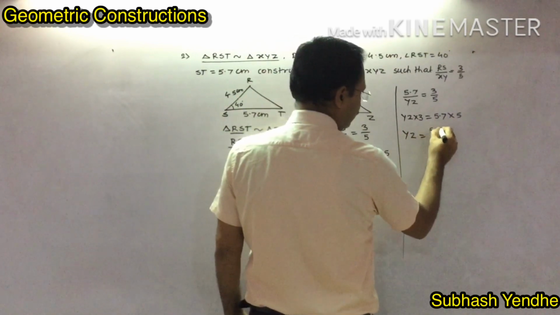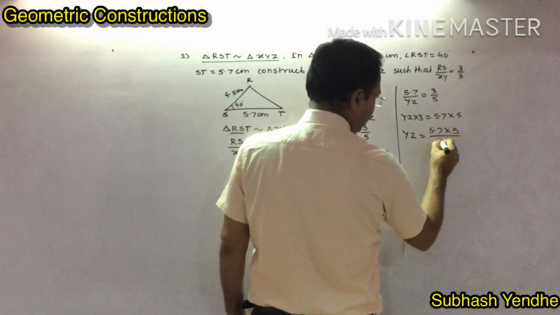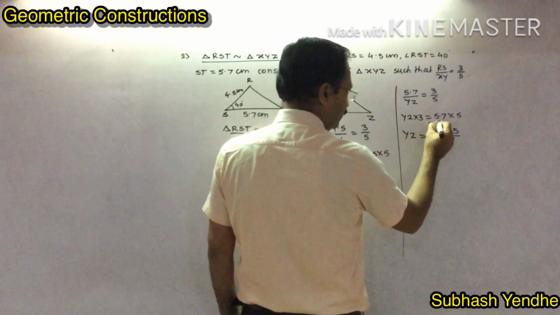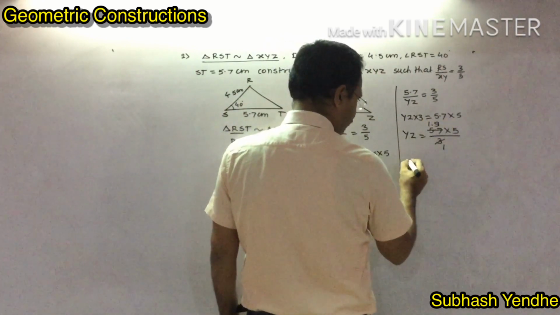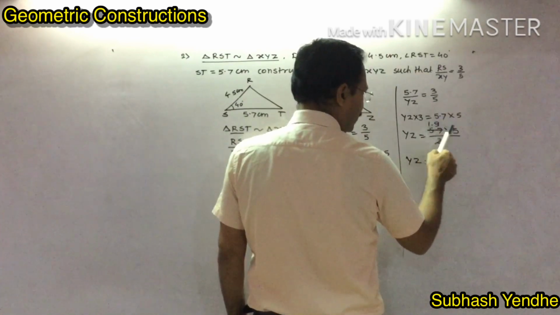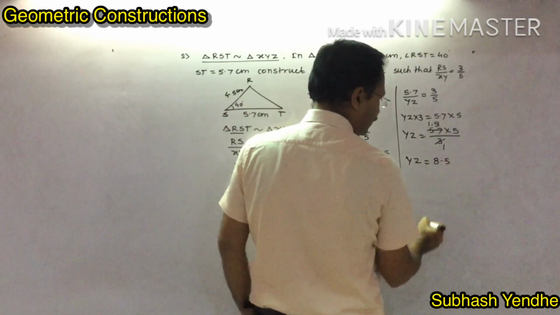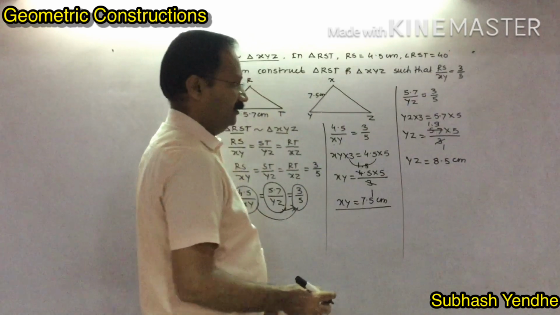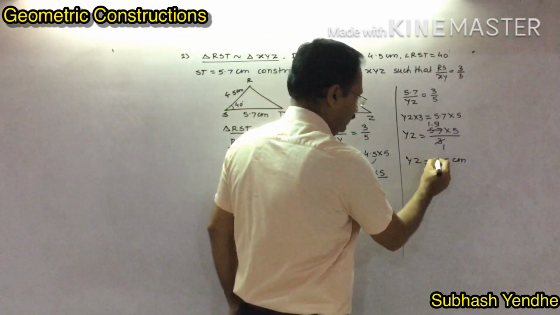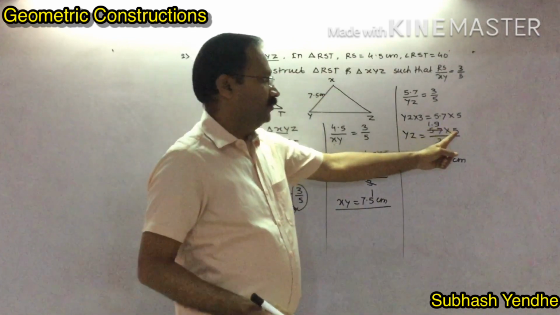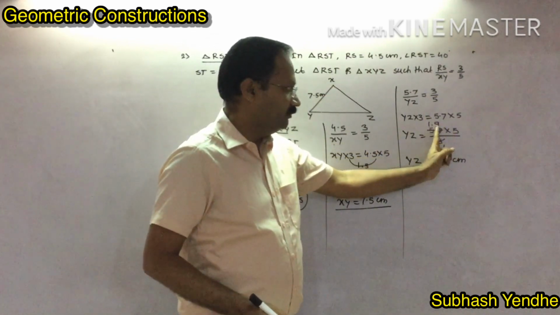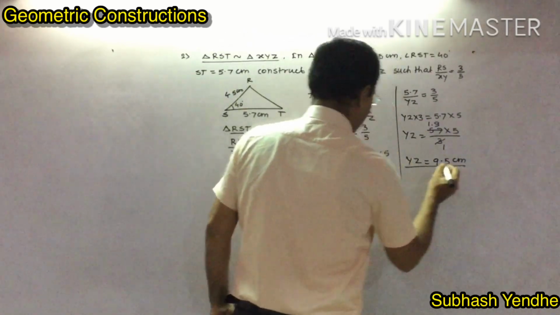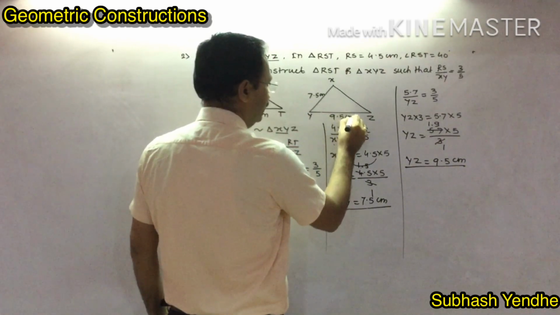YZ equals 5.7 multiplied by 5 divided by 3. 3 ones are 3, remaining 2, 27. So 3 9s are 27. YZ equals 1.9 multiplied by 5, which is 9.5 centimeter. Sorry, not 8.5, it is 9.5. Now I am going to write 9.5 centimeter here.